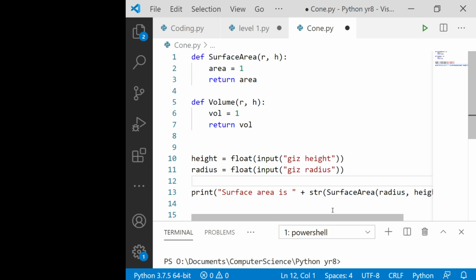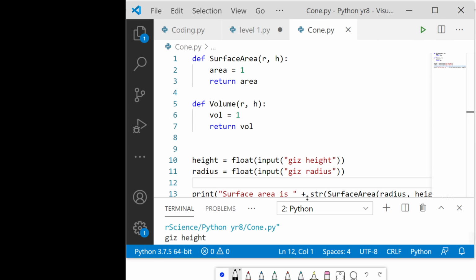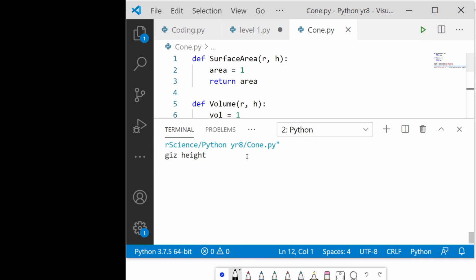Right, if I run this, I should get the answer 1, because that's what I put in. Alright, so let's just run it. Right, so hang on, it's right down at the bottom, it's asking give us height. So I don't know what the answer, so 10 and 5.